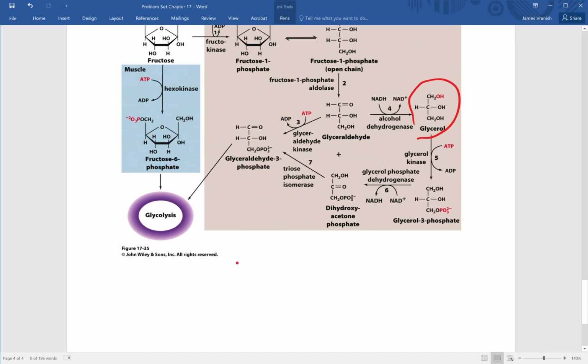In order for glycerol to get put into glycolysis, we have to go from glycerol to glyceraldehyde 3-phosphate. And it doesn't matter which pathway we go down. We can go this way or that way.